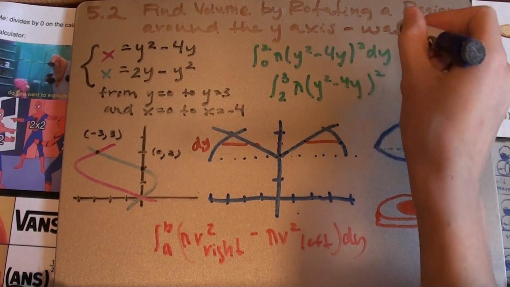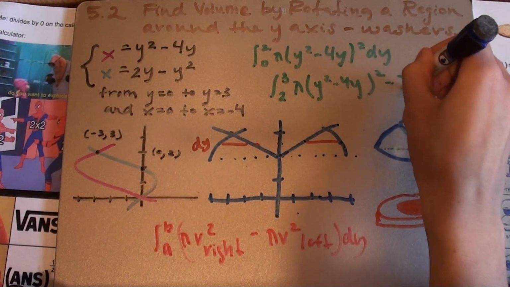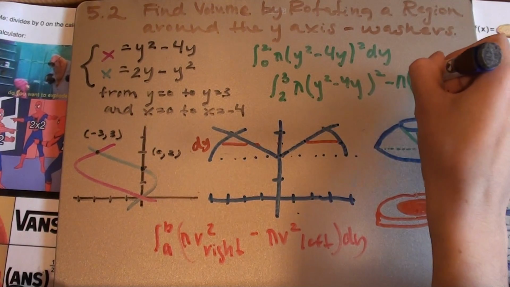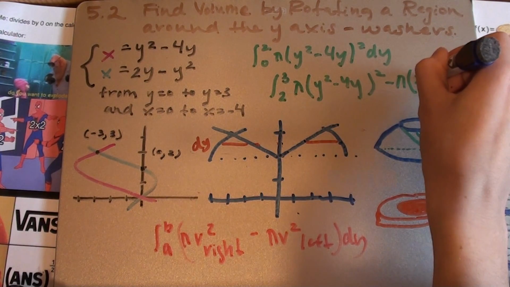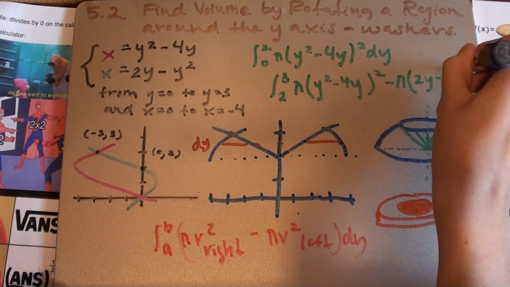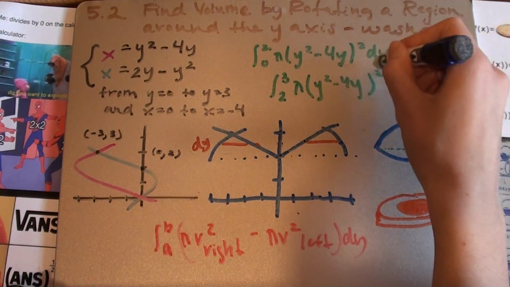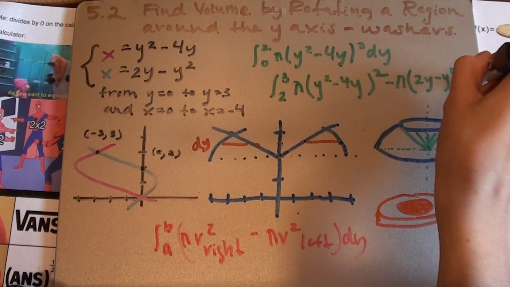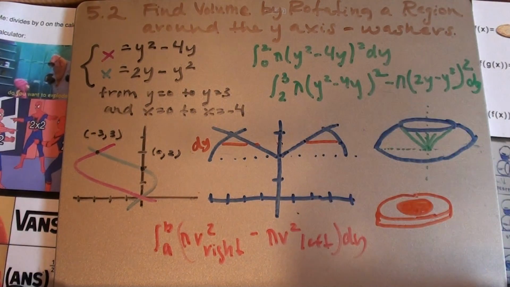Now we're going to subtract out pi times our left function, which is our blue function, pi times (2y minus y squared). Because both of these are radii, they have to be squared, dy. And that is our volume.